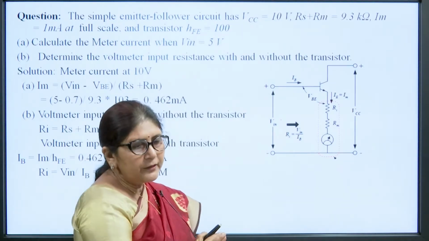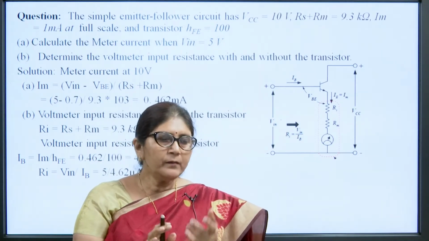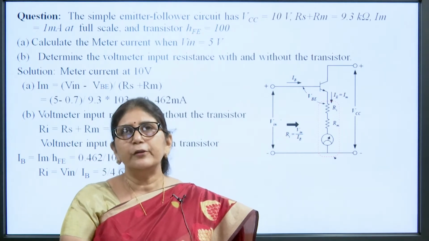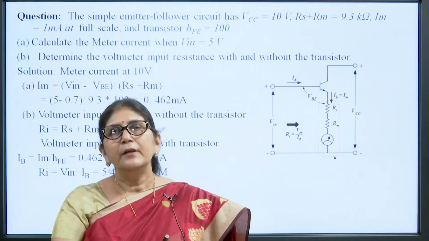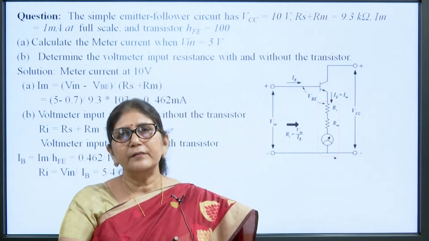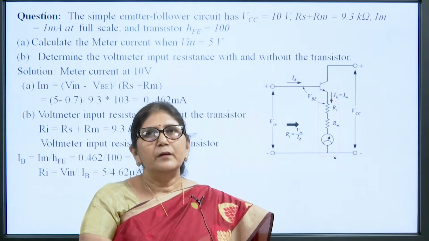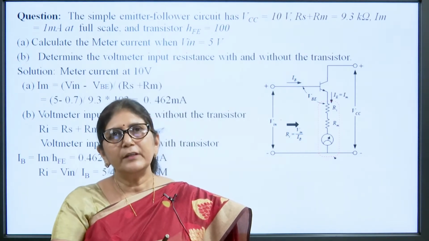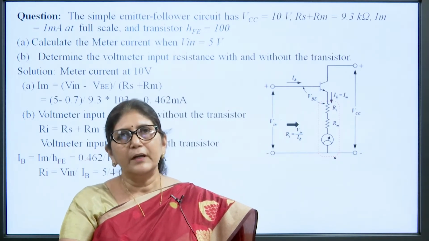Now, we can understand this drawback by seeing this example. A simple emitter follower circuit has VCC, a supply voltage, of 10 volt, and Rs plus Rm is 9.3 kilo ohm. The full scale deflection current Im is 1 milliampere and the transistor HFE is 100.